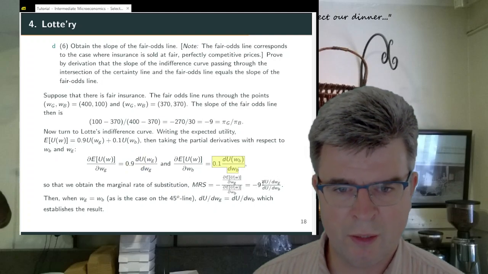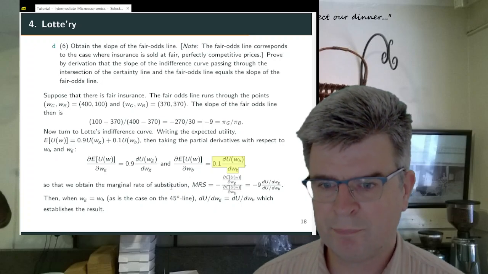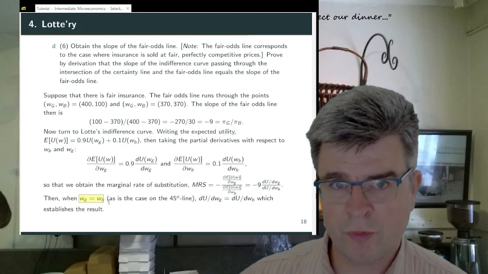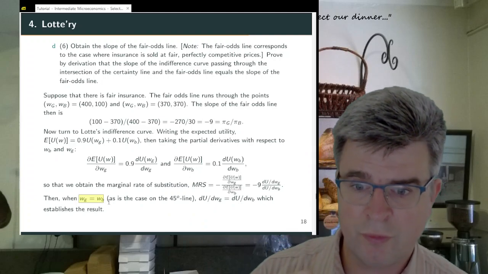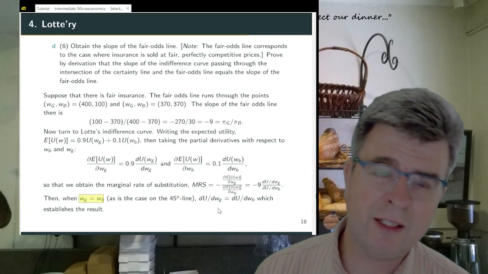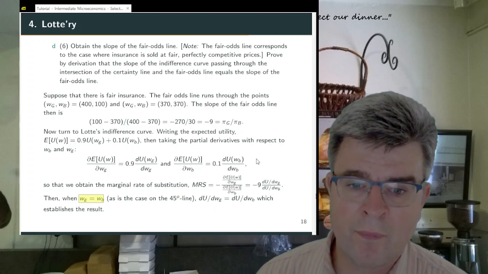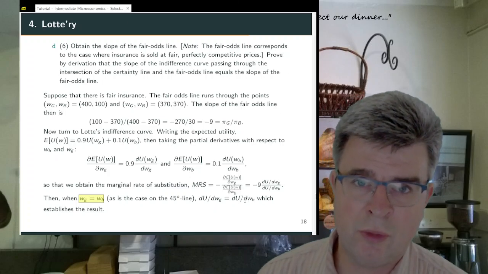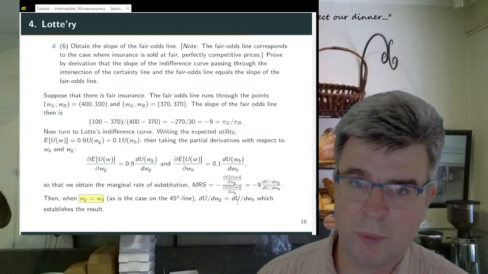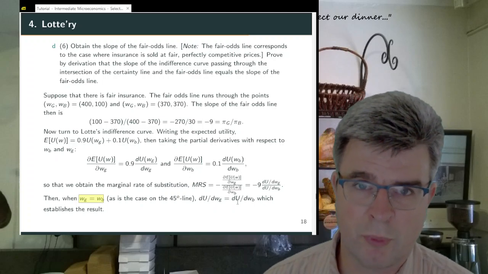And we get minus 9 times these derivatives. And now, this is a key point: at the certainty line, the wealth in the bad state of the world is always identical to the wealth in the good state of the world, which means that the marginal utility of adding some wealth in the good state at that particular point is identical to the increase in utility that we would receive if we increased the payoff in the bad state of the world, because the initial wealth levels in both states are identical.